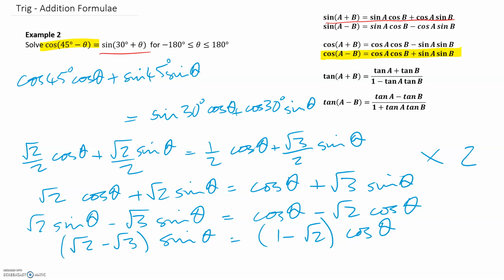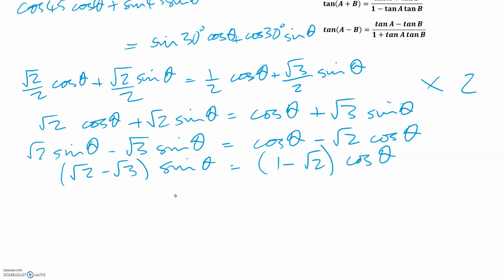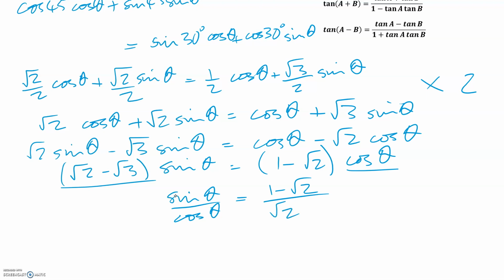Okay, now if we divide both sides by cos theta, we'll get a tan. So let's do that. So we'll get sine theta over cos theta. We divide both sides by this, and then if we divide both sides by this, we'll get 1 minus root 2 over root 2 minus root 3.